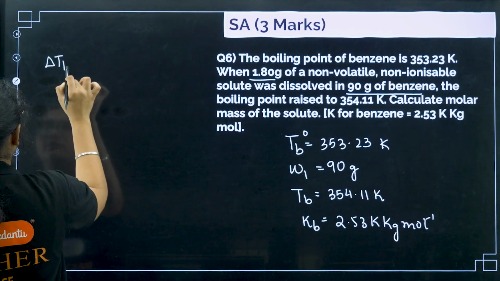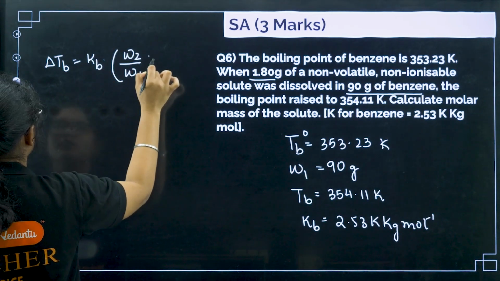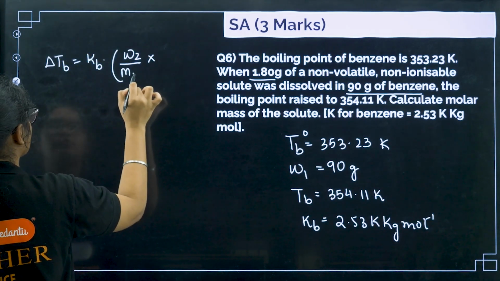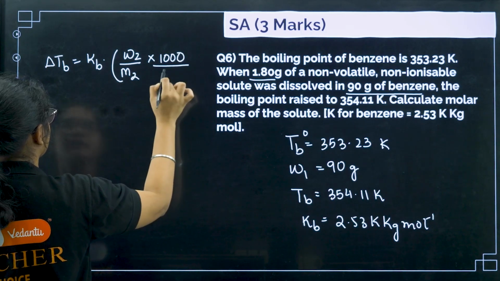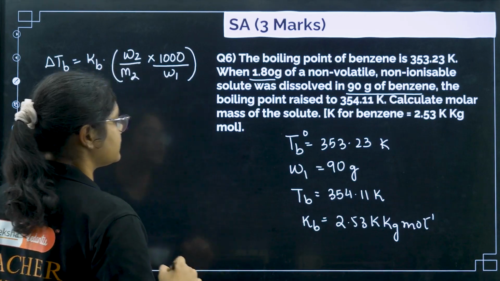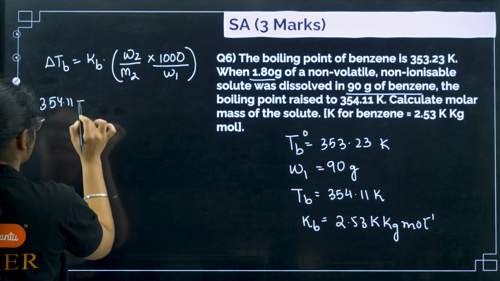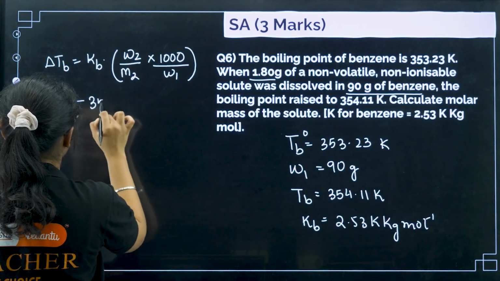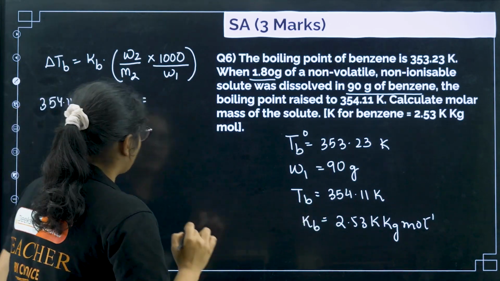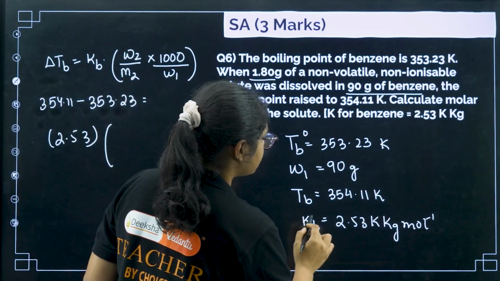So delta Tb is equal to Kb into W2 by M2 into 1000 by W1. Okay, so what is the delta Tb value? T naught B minus TB. So 354.11 minus 353.23 is equal to the Kb value 2.53 into molality.